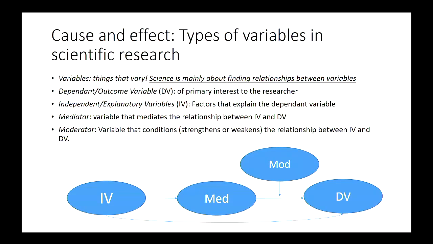I'm not quite clear about the mediator variable. What's the difference between these two? So a mediator variable sort of goes between. Mergers and acquisitions reduce performance because they reduce morale. I still cannot understand. So you mean the moderating variable is something between?